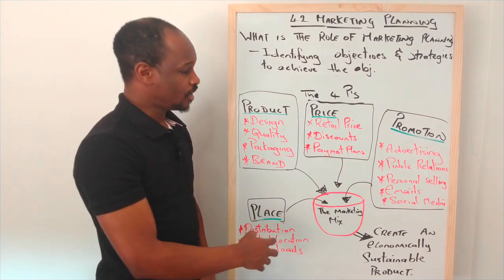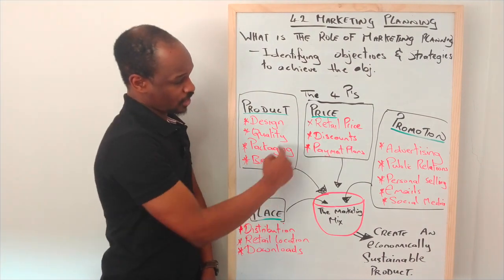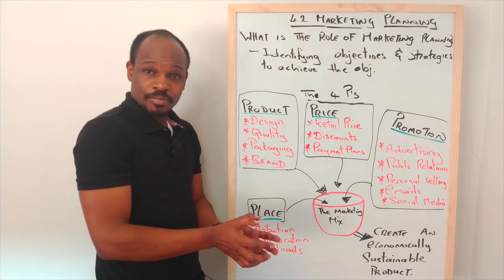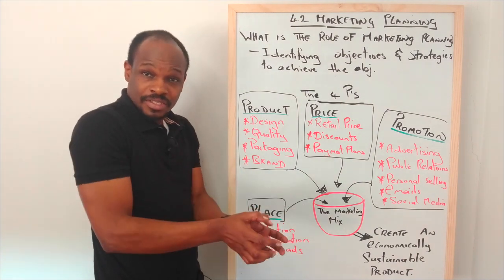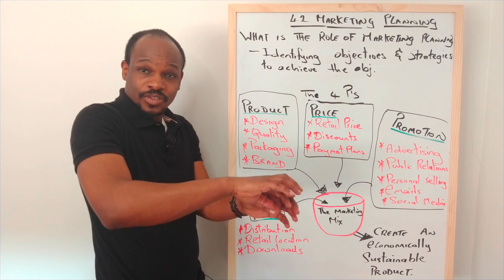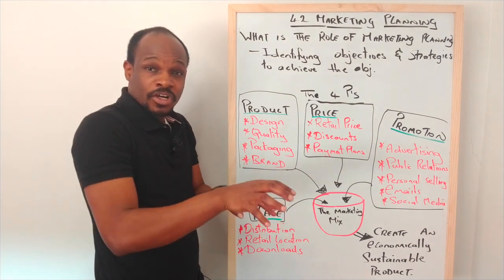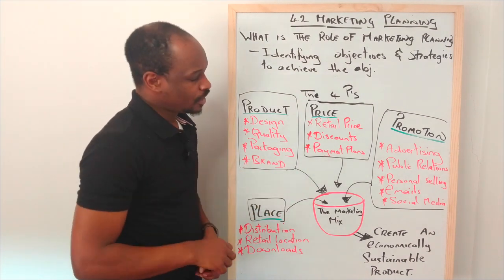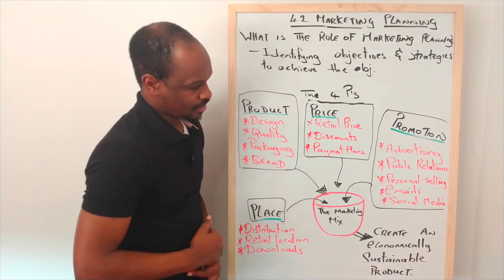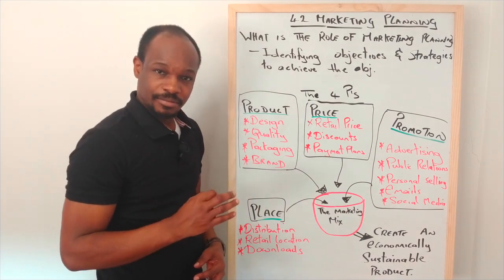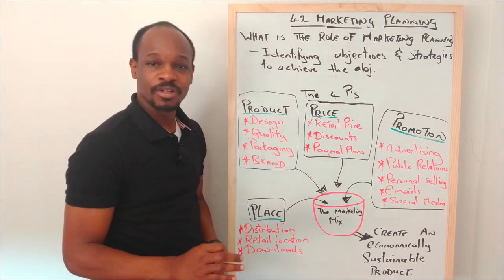What we're saying is that all of these 4 ingredients must come together. They must be placed together and must work interchangeably in order to create an economically sustainable product.